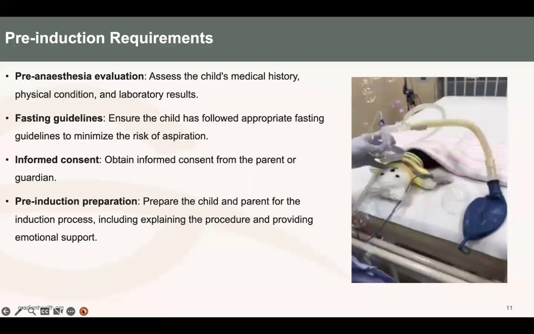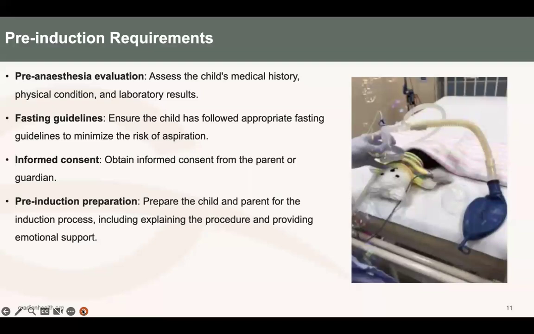Mostly people follow different guidelines, but of course there are standard guidelines for fasting. One of them that is adopted by the UK is that for clear fluids, a child can take them up to 2 hours before surgery.